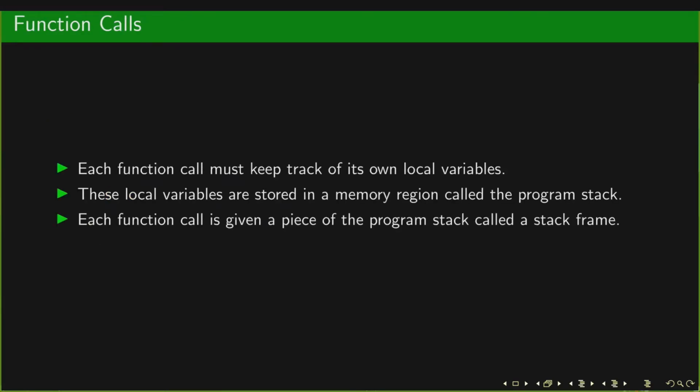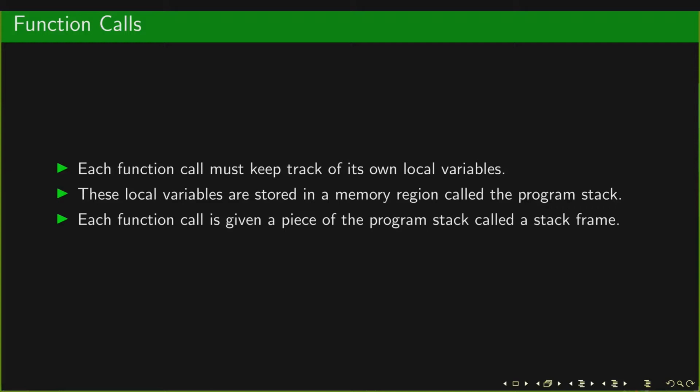Going on, we'll now talk about how functions are implemented in C and in assembly as well. There's a few reasons that we really care about this, but the main reason is that when you call a function, that function has to store its local variables somewhere.